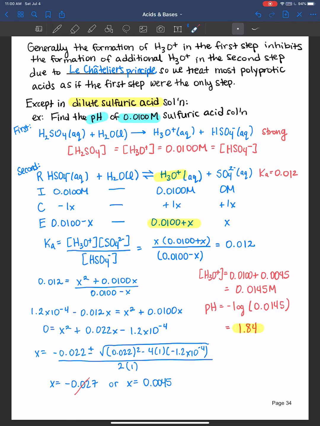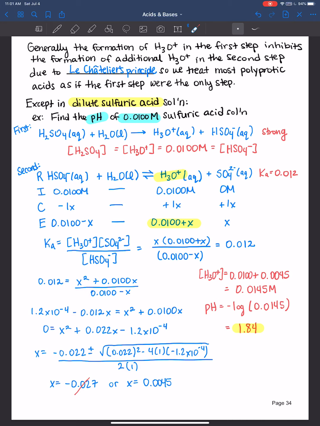We are going to get a change in X so that we can find the equilibrium concentration after the second proton starts ionizing. We had to solve for X, we had to use the quadratic, so make sure you practice that, you feel comfortable with the math of it, the algebra, and then plug it in to figure out what that hydronium ion concentration is once that second step has reached its dynamic equilibrium. And then the pH is the negative log of that hydronium ion concentration, which is 1.84.